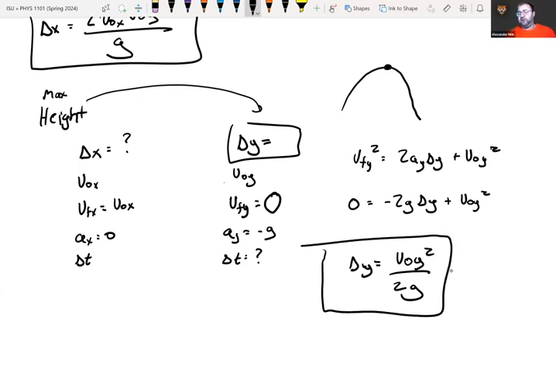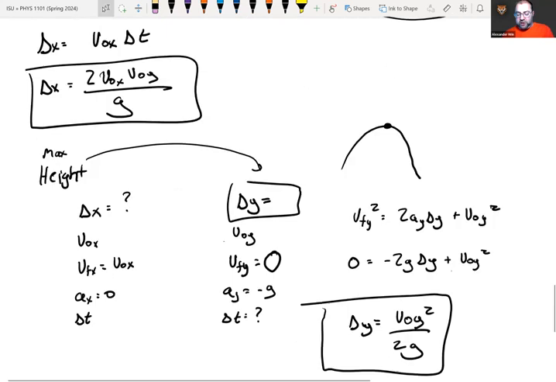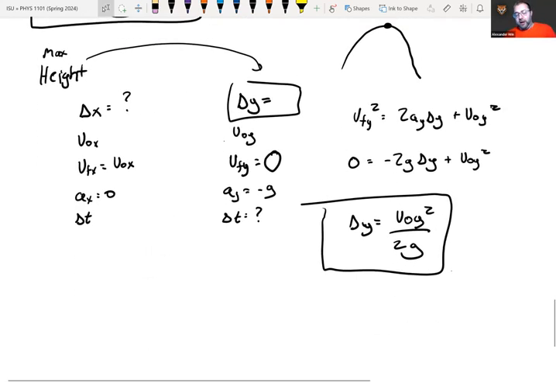And you can go through and find the time it takes to get to the maximum height. Turns out the time it takes is exactly half of what we found up here. It's just v naught y over g. And you could see that if you did just the v final equals a sub y delta t plus v initial problem. But that's what's going on with that one.